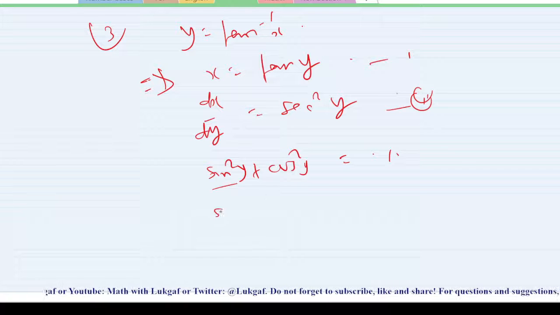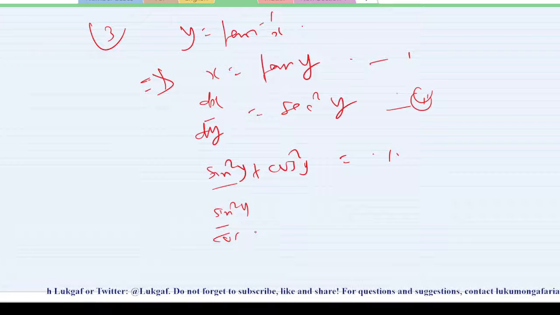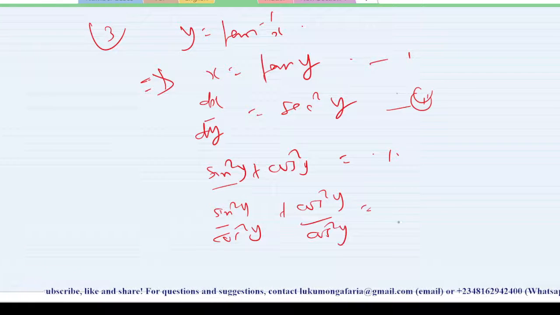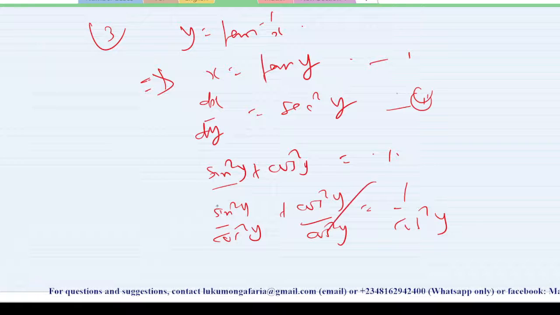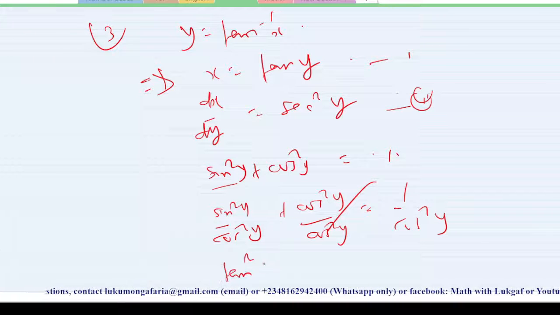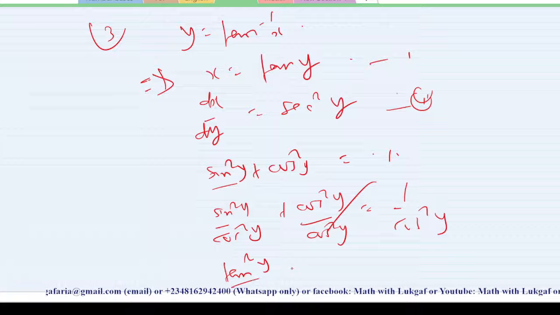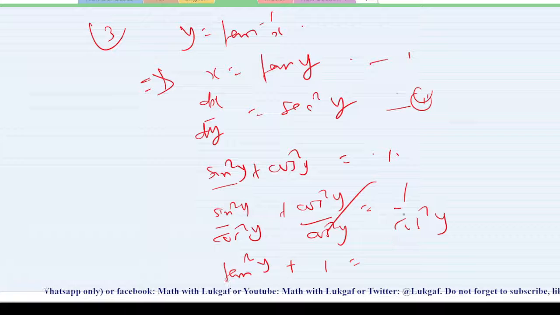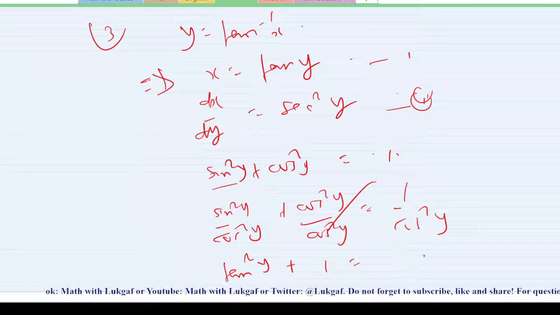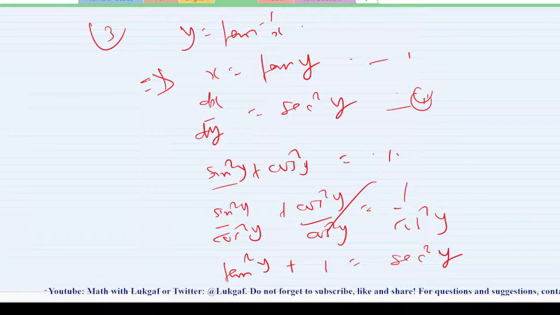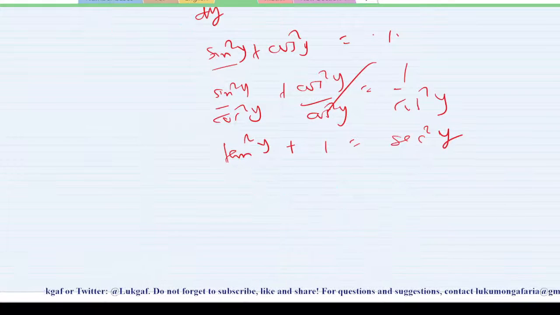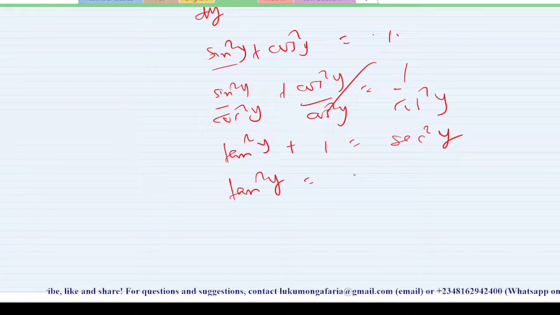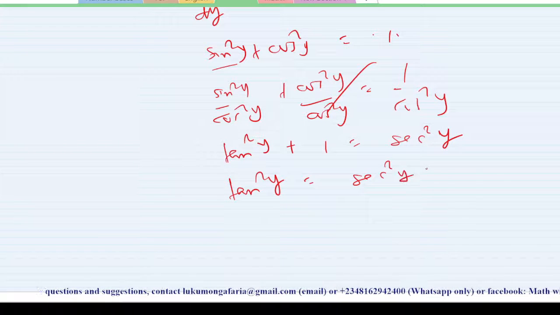If I divide through by cos squared y, cos squared y cancels cos squared y. Sin divided by cos is tan, right? Then you have tan squared y plus 1 is equal to 1 divided by cos squared, from what I said in the previous video, that is sec squared. So then you can say that your tan squared y is equal to sec squared y minus 1.